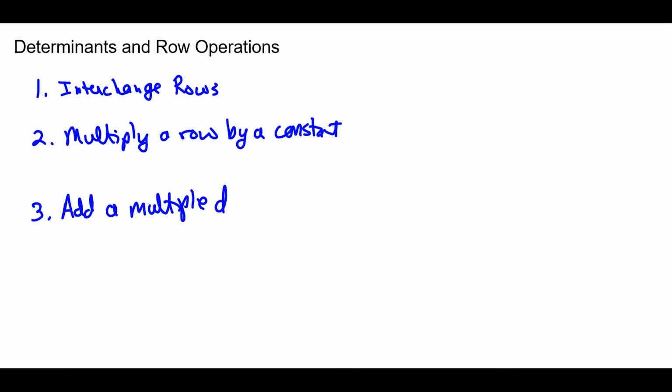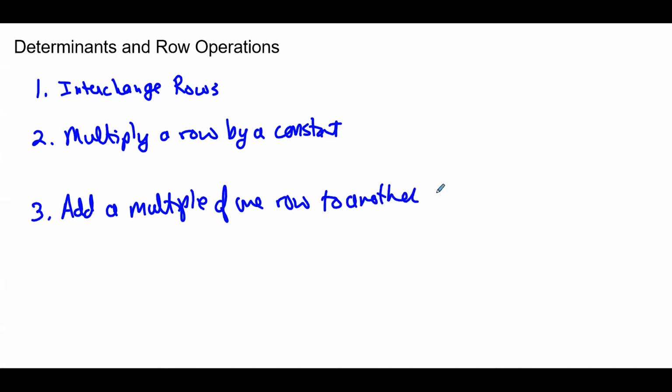So the answer is yes and no and no. Of the three row operations you can do, there's interchanging rows, you can multiply a row by a constant, and you can add a multiple of one row to another.